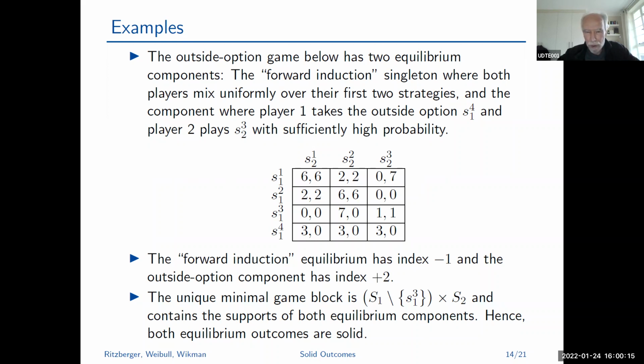So they would here choose the outside option component, because that has a positive index. And of course, we could do the same thing by just changing the definition of a solid outcome and replacing non-zero by positive, right? But we're a bit hesitant here. So in this game, I think the 3 of us are a bit agnostic on what is the better thing, right? So we declare them both to be solid.